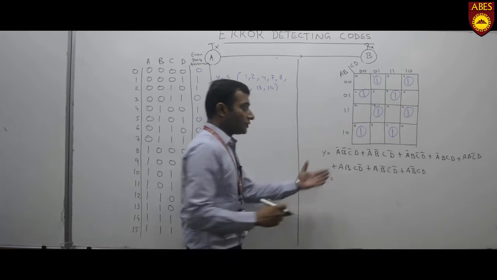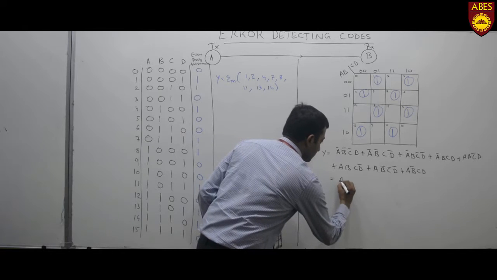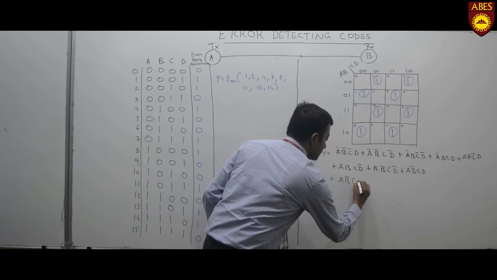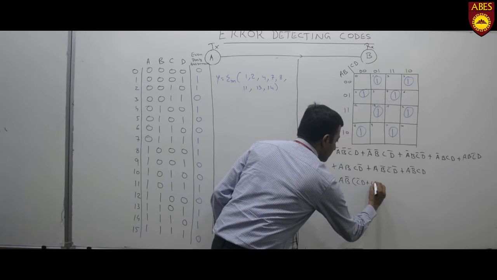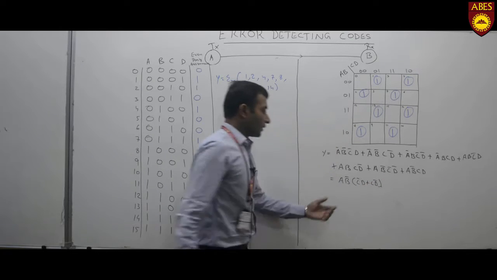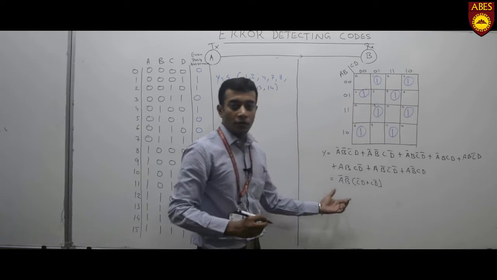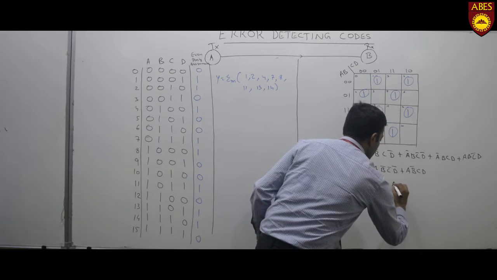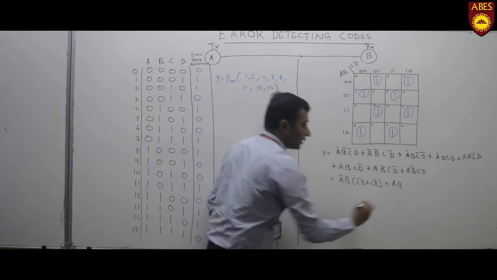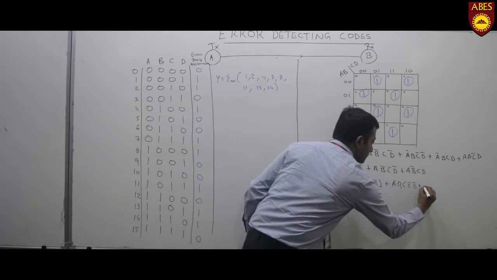On further solving it using Boolean algebra, C bar D and C D bar can be extracted, and A bar B bar would be taken common. Similarly, in this case, we can take A bar B as common. We are extracting C bar D bar plus CD.